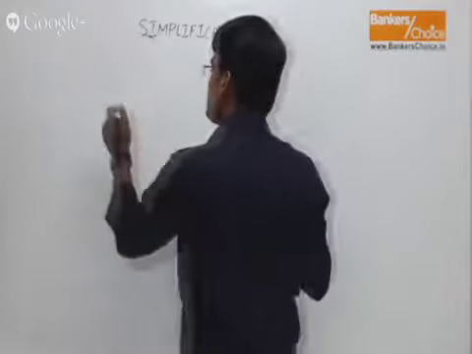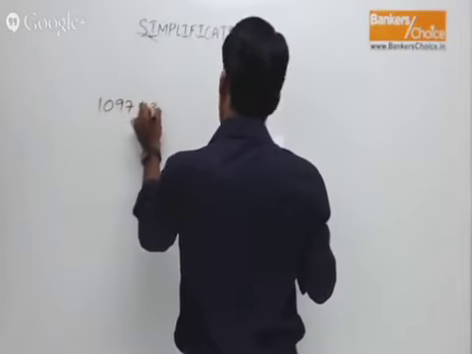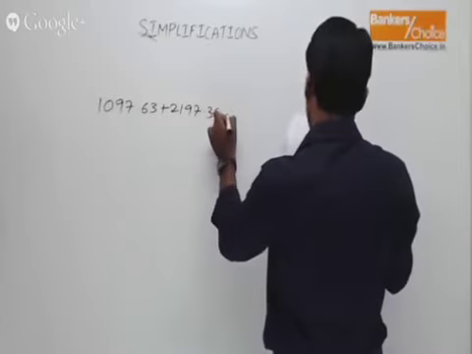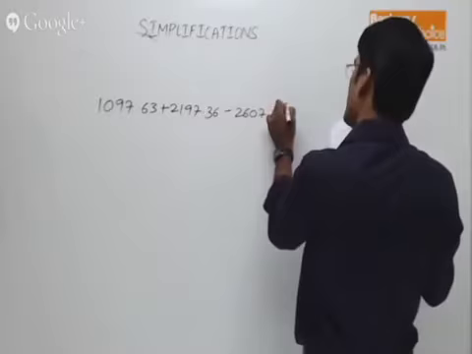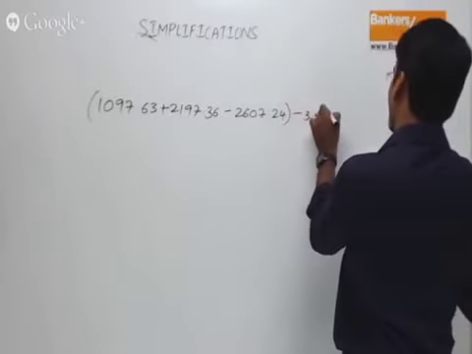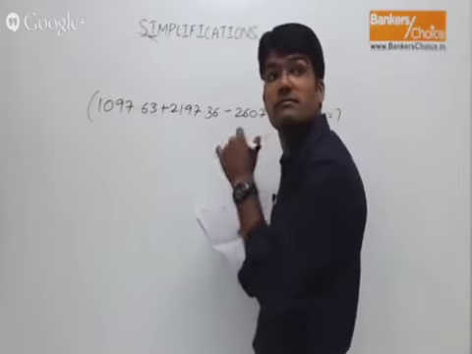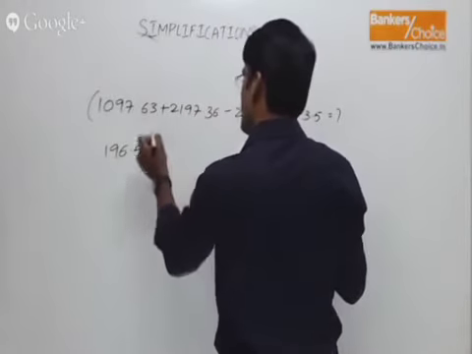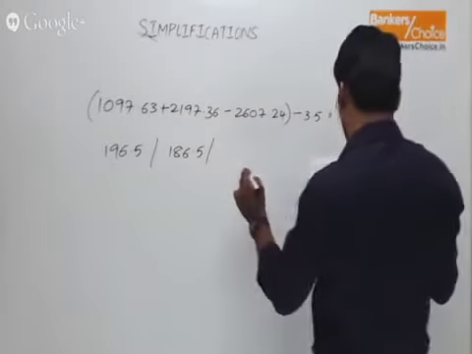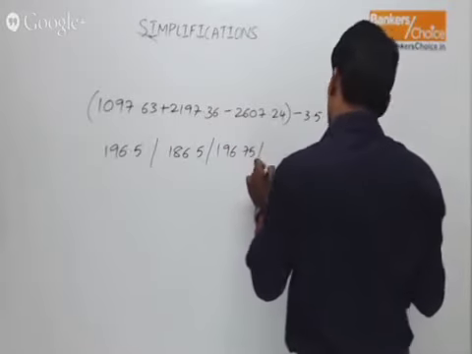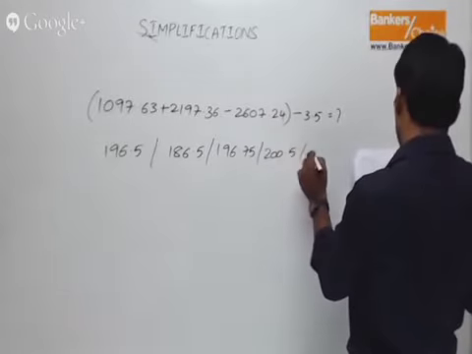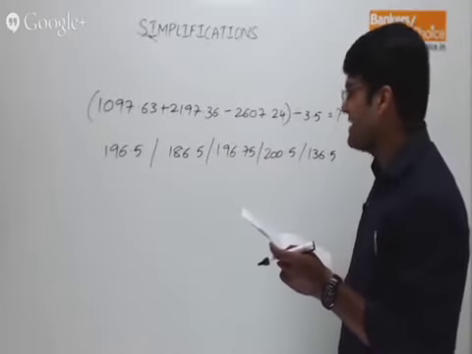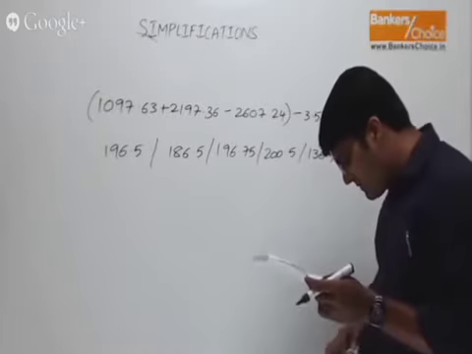For example, the question: 1097.63 plus 2197.36 minus 2607.24 divided by 3.5 equals to what?